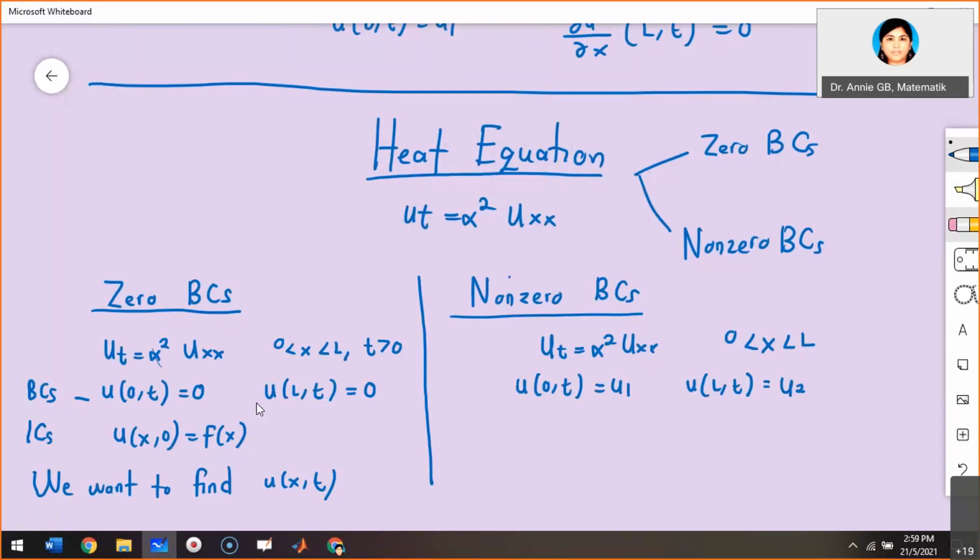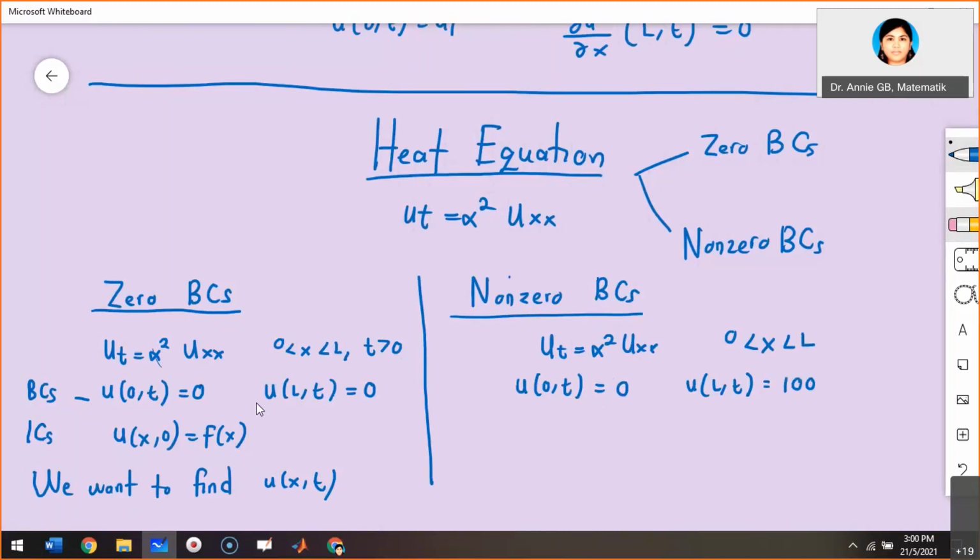Tengok. u1, u2 ni, ini contoh lah. Tapi mungkin you boleh dapat something like this. Okay, instead of u1, u2, kita boleh dapat soalan macam ni. Okay, ni 0. Yang ni 100.